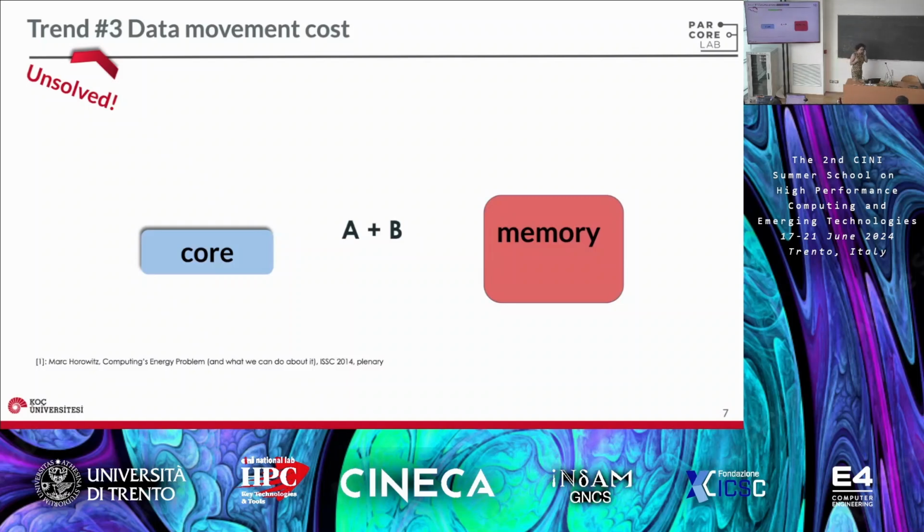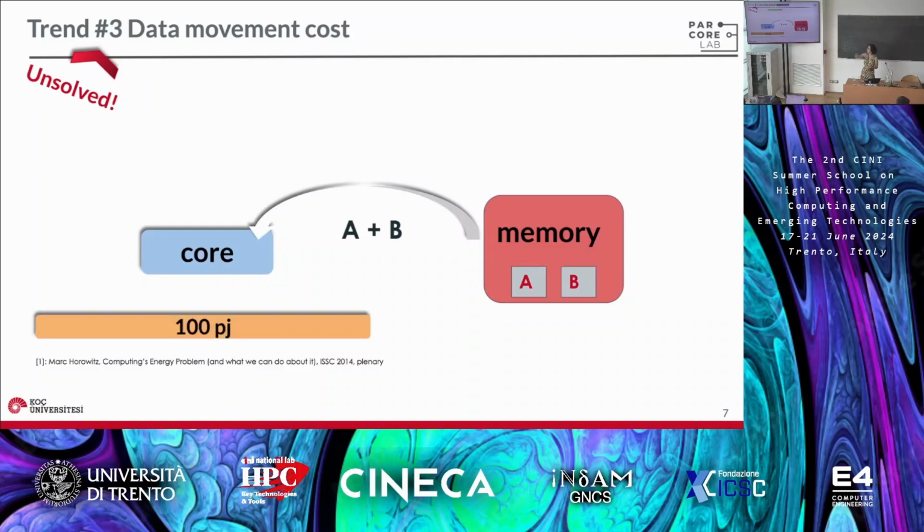So what is the data movement cost? In order to add A and B, first you have these, let's say, in memory. It can be cache or your DRAM or somewhere in the network. Then you need to bring these to the core, where the arithmetic logic unit is. You have to add these two numbers.